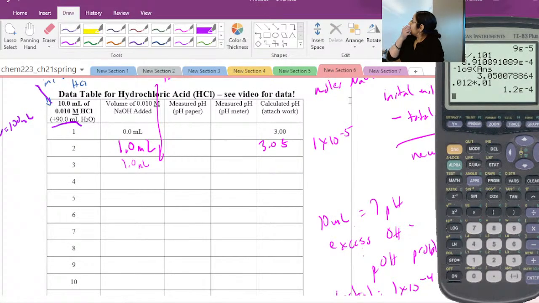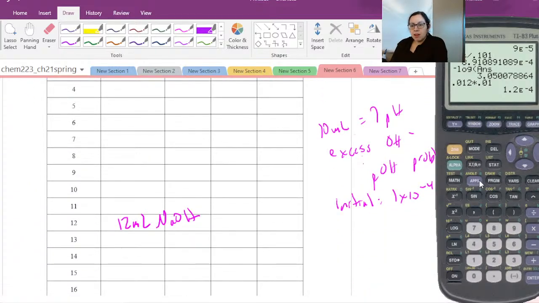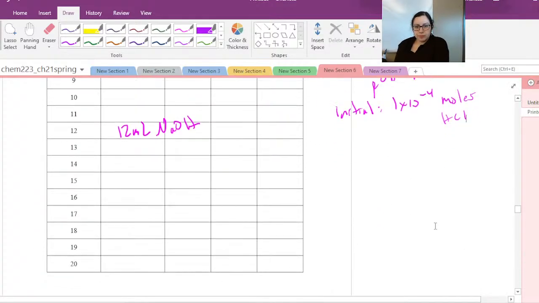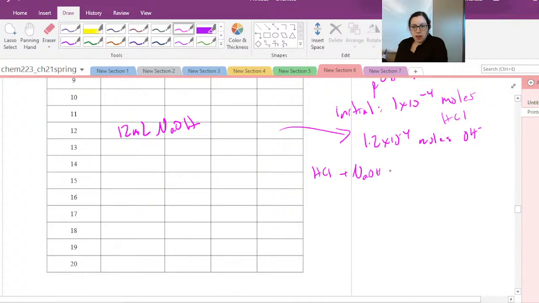And so note how that's bigger than, right, what we started with. And so now we can subtract the acid moles from that. So 12 moles of NaOH gives us 1.2 times 10 to the negative 4 moles of hydroxide. If you need to sketch it out, right, as your neutralization reaction, do so.